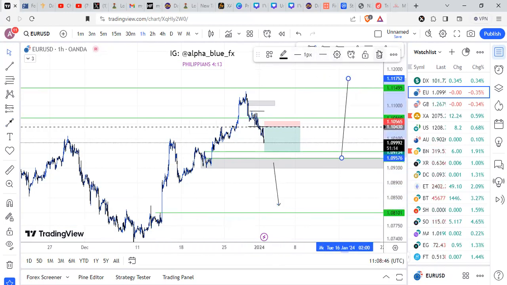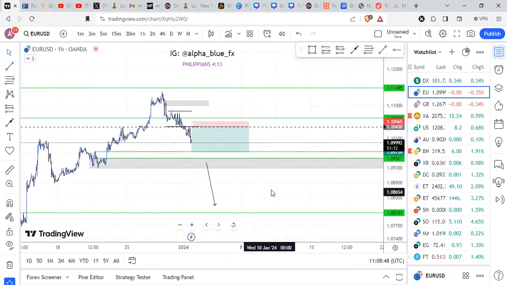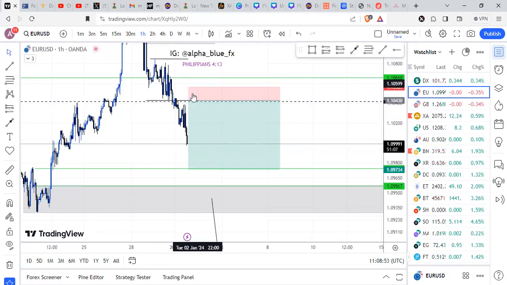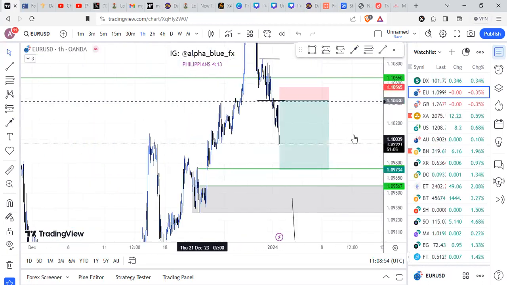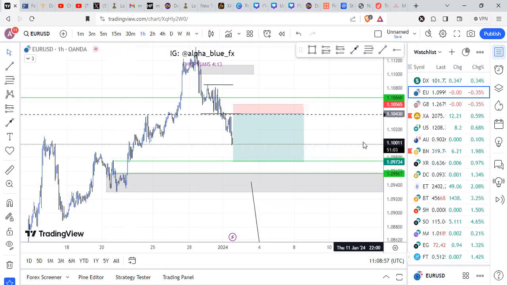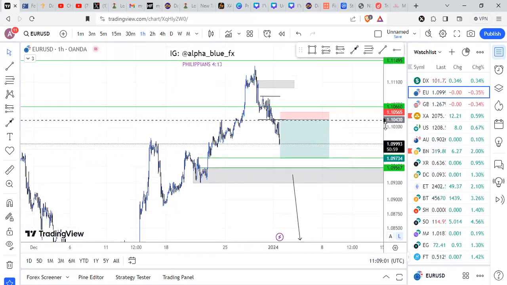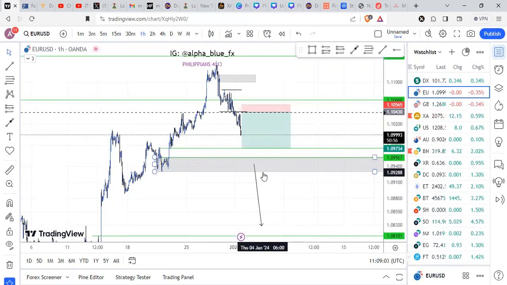Let me draw it properly. So I was saying I'm looking to see if this market can come back here, then I sell it down. But even if that doesn't happen, fine. If it happens, fine. But then the 2 points that I'm looking to continue the bullish move is either on this demand right here.